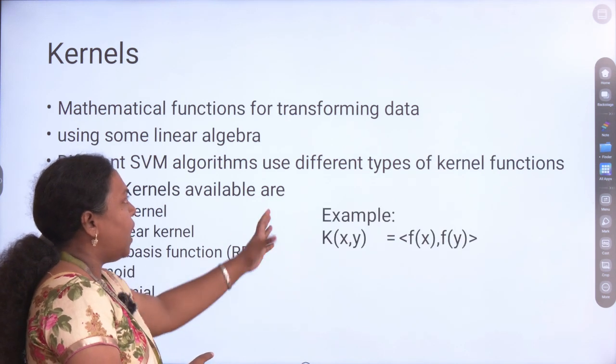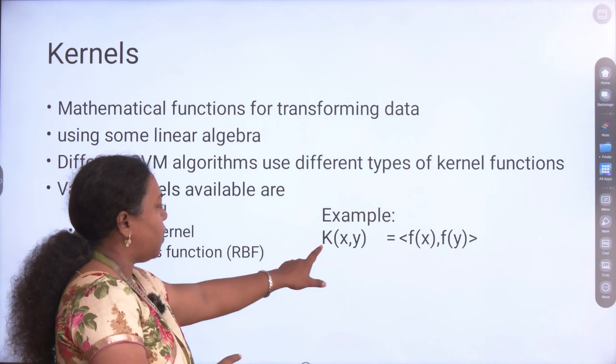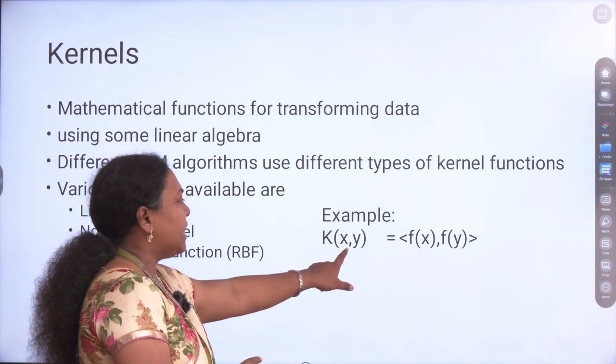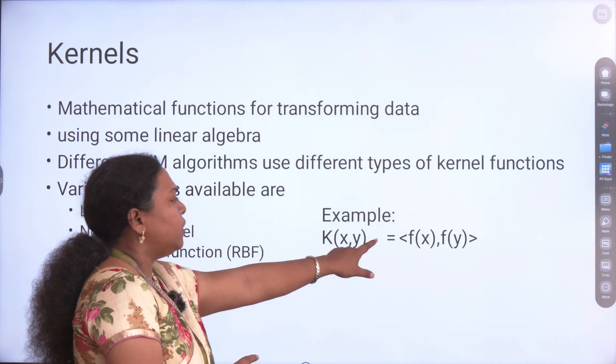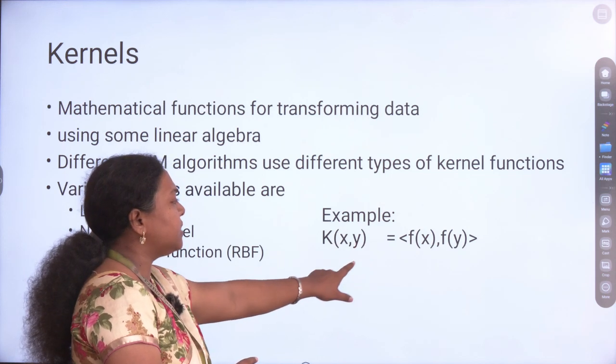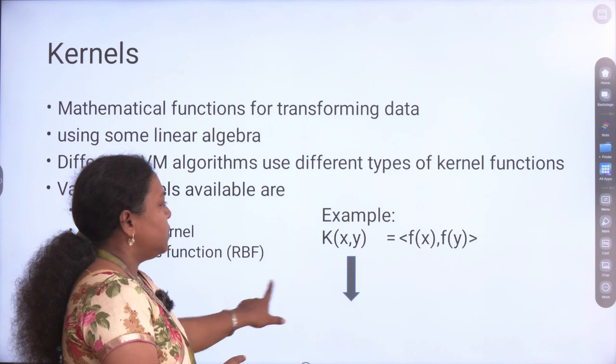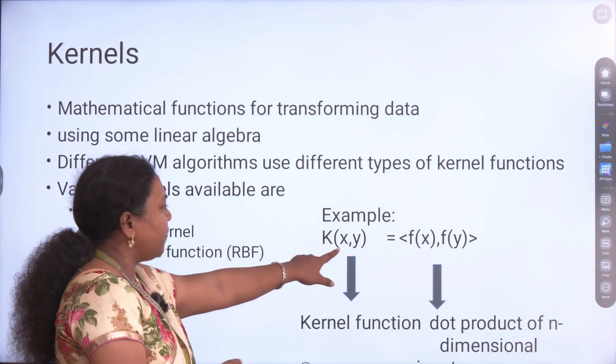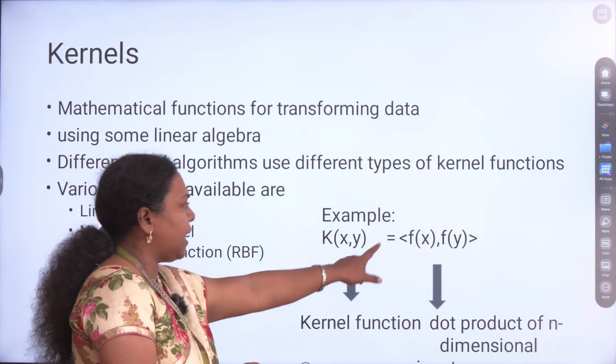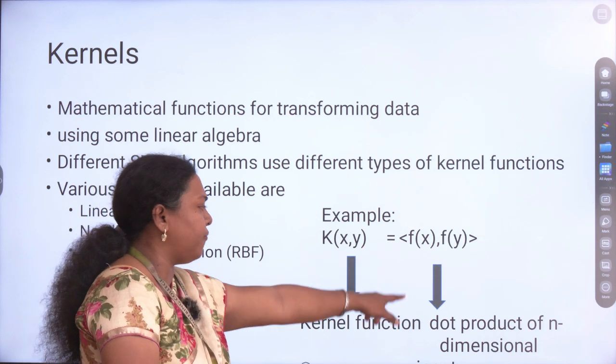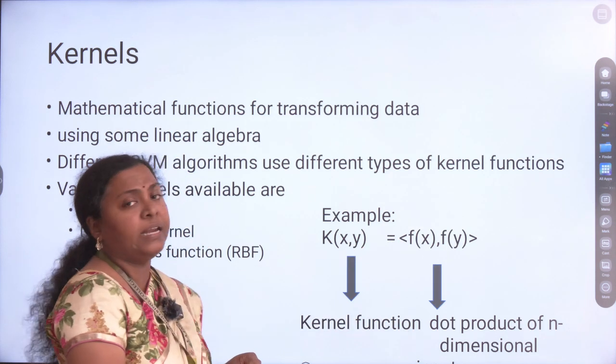As an example of how this mathematical formula is formed: k of x comma y is equal to the dot product of f of x and f of y. Here k of x comma y is the kernel function, and f of x and f of y are the n-dimensional feature vectors.